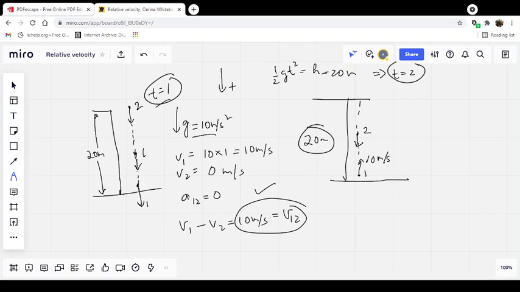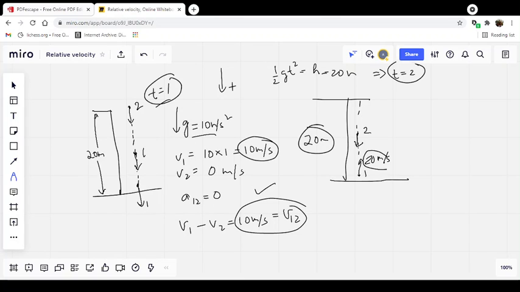So its velocity has reversed. Its velocity just after it has struck the ground was not actually 10, it would be 20, right? Because it has traveled for 2 seconds.